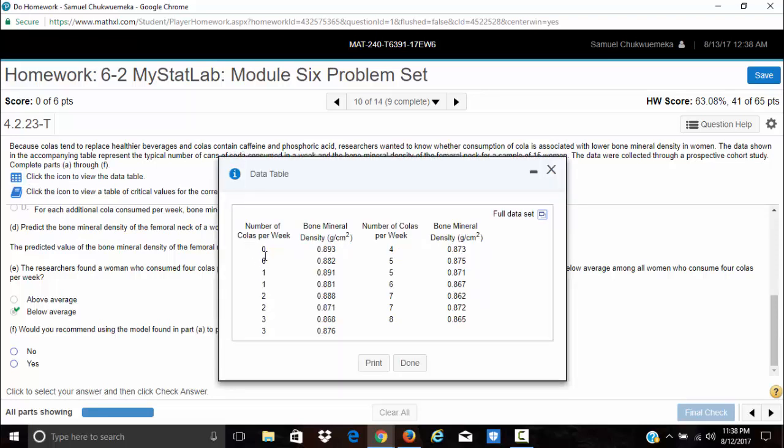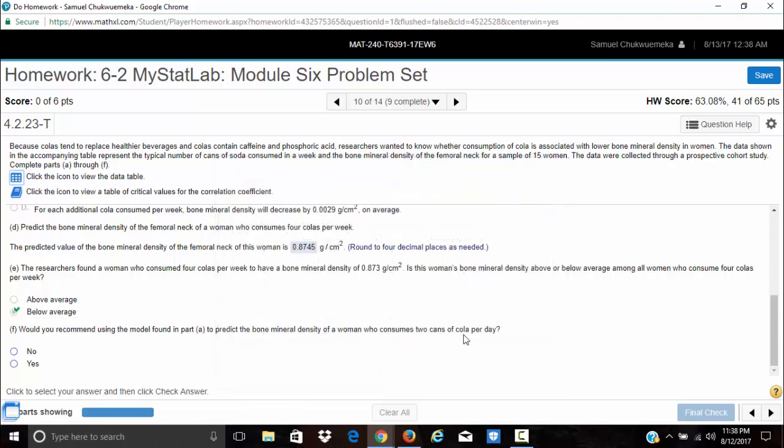So all these are no cans of soda per week, 1 can, 2 cans, 4 cans, 8 cans. So the original data set is between 0 and 8. And then here, they gave us 2 cans of cola per day.